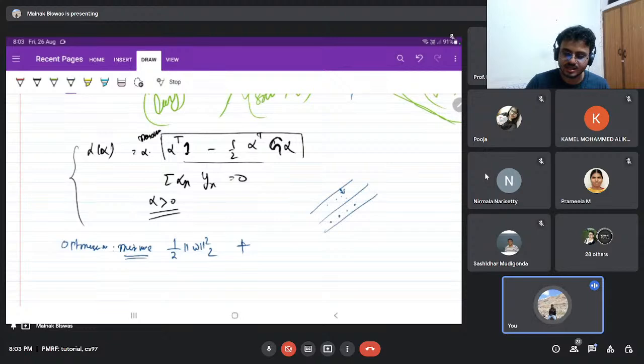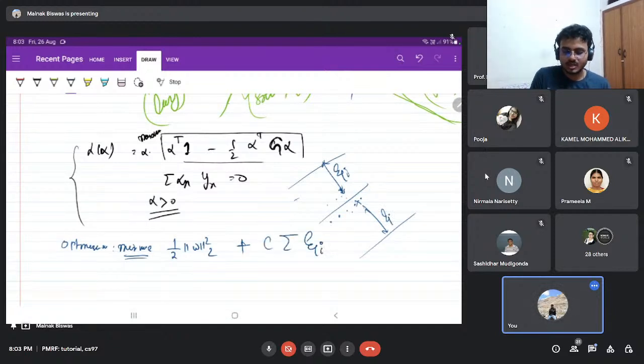Do I want something like this, where the margins are so far away? Do I want something like this? So if I do not keep any constraint on the margins, this will become very far away. So for that, you need to add the slack variables. So if you have large slack variables, you penalize the classifier. The intuition is penalize the classifier for large slack variables.